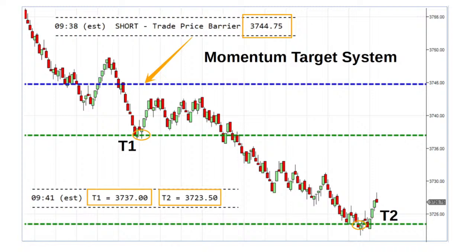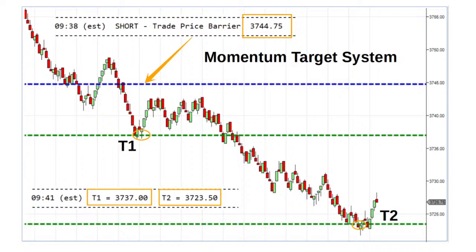The other thing that I want to point out is notice the targets. Part of the secret sauce of the momentum system and part of the real accuracy is the precision of the targeting. And so you can see how in this example here, price ran down, hit the target, and that's exactly where price turned, right? Because that was like a key level in the market that the algo had computed out.